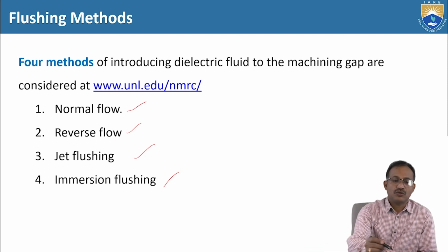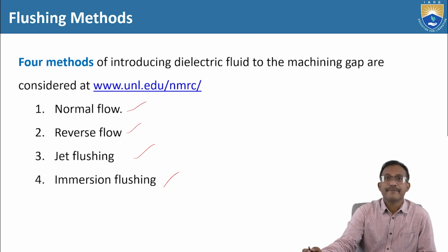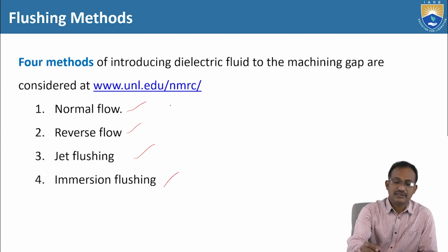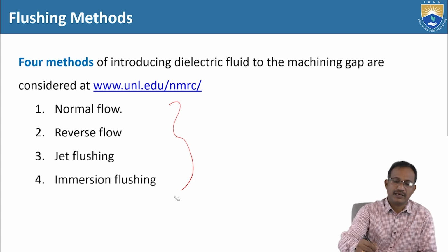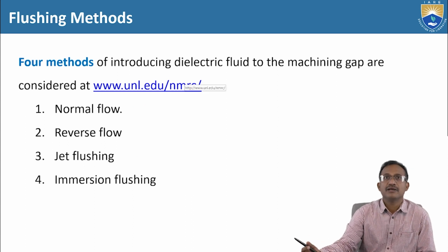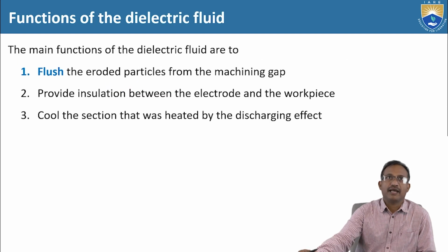So, four methods of introducing dielectric fluid to the machining gap are considered: normal flow, reverse flow, jet flushing, immersion flushing.